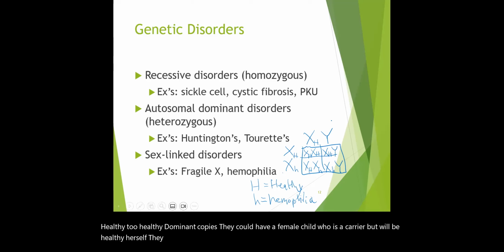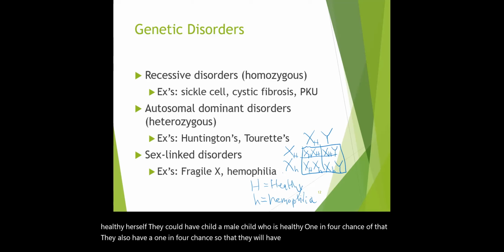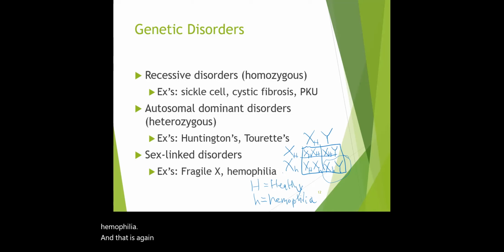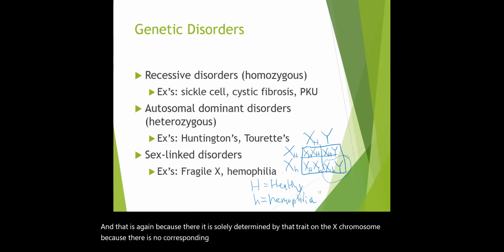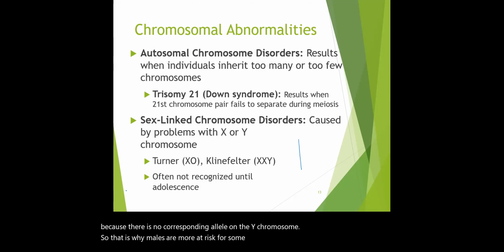They could have a male child who is healthy, 1 in 4 chance of that. They also have a 1 in 4 chance that they will have a male child who has hemophilia. And that is again because it is solely determined by that trait on the X chromosome, because there is no corresponding allele on the Y chromosome. So that is why males are more at risk for some of those disorders.